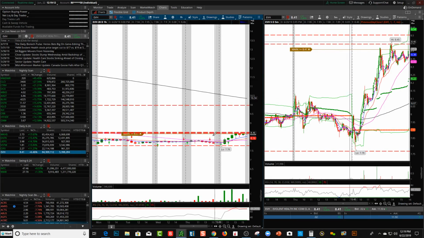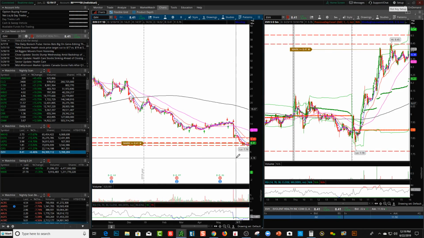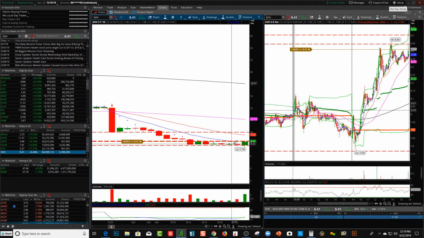If it can get above that 9 EMA on the daily, right here, after it's been buried, it's got room up to that 20 EMA. There's $1 room for that thing to run, right?